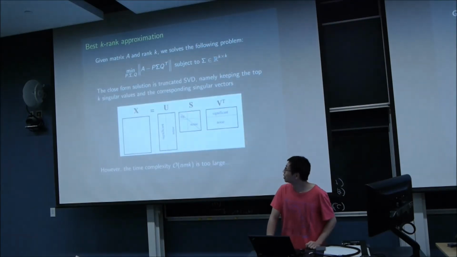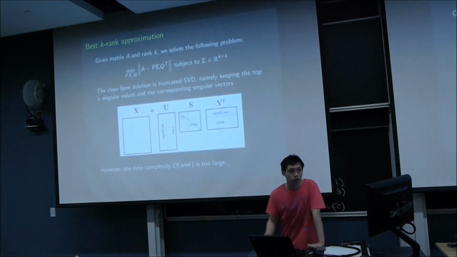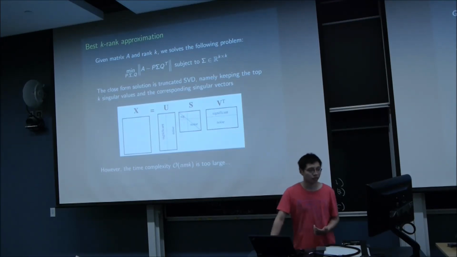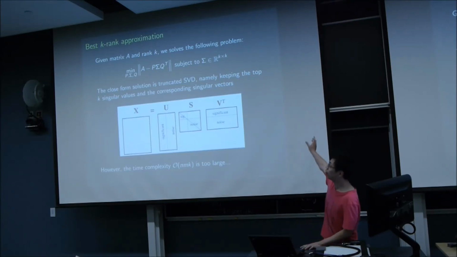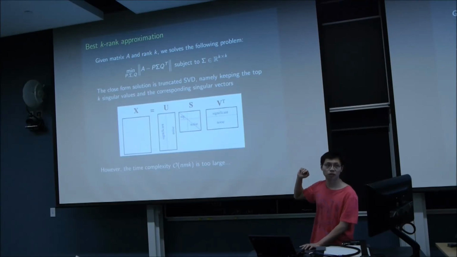And so here, what if you want to get a rank K approximation? What is the best one we have? It's quite simple. We first want to solve this optimization problem. Given A and given rank K, we want to find P, sigma, Q such that the error between A and P times sigma times transpose Q is as small as possible.